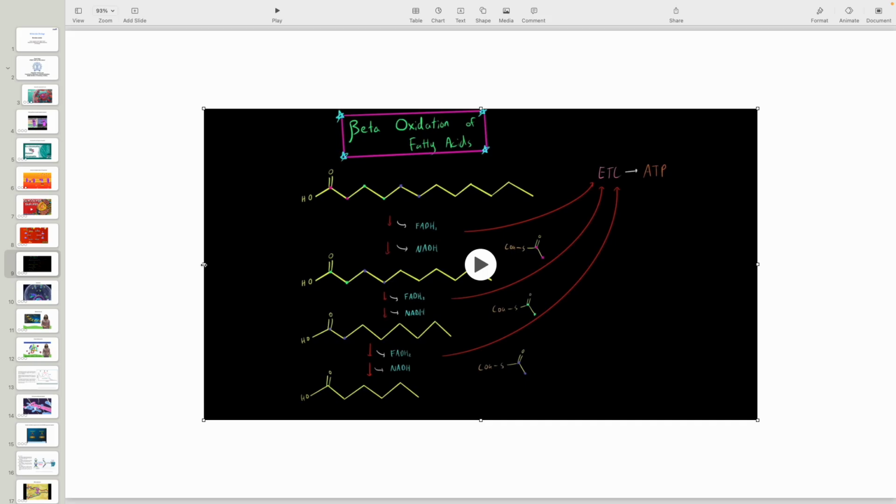So first the long chain fatty acid turns into fatty acyl coenzyme A. At each cycle, two carbons are removed, so at the end of each cycle we are left with a molecule of acetyl coenzyme A. This is how the reactions take place, and at each cycle we get FADH2 and NADH. So that's how beta oxidation takes place.